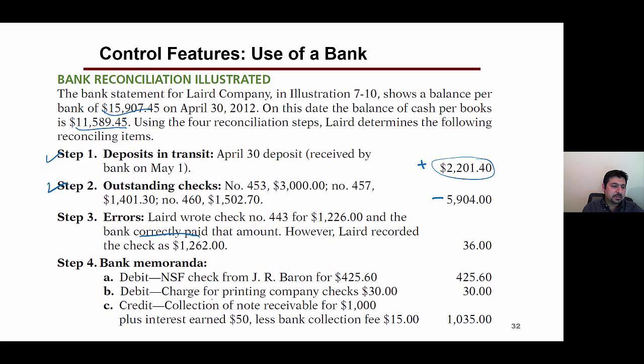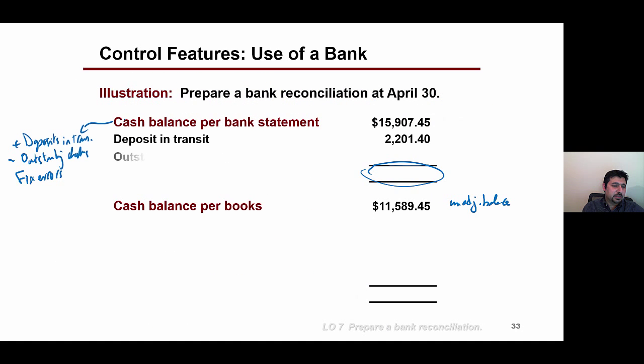So the company had credited their cash balance $1,262, whereas the bank only paid $1,226. As a result, the company will need to add this amount to their balance because they thought that they paid this amount, but it was not paid. We will get to that one in a second and explain it in more detail.